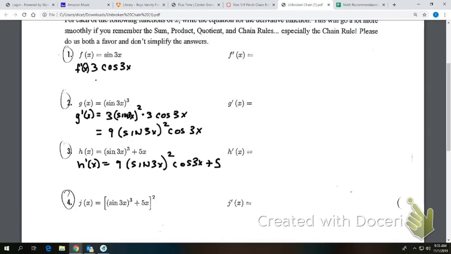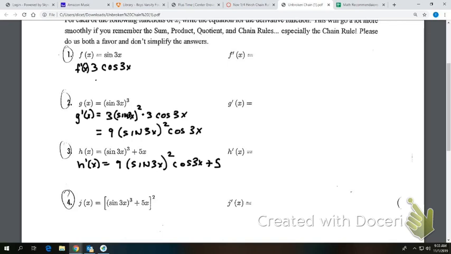I may run out of room in number 4. Look at number 4. We have the derivative of all this right here. But I first have to start with 2 times this raised to the 1 times this. You follow me?